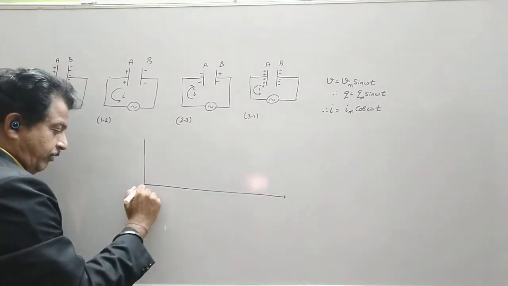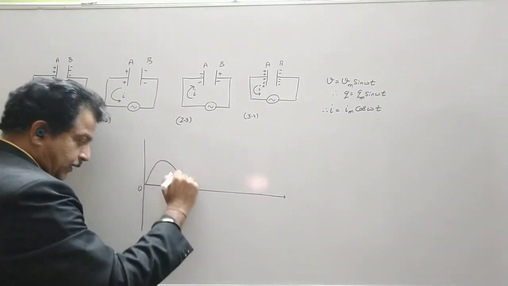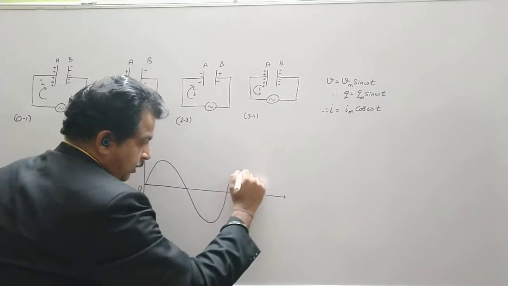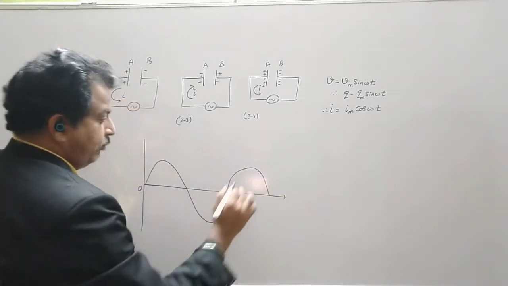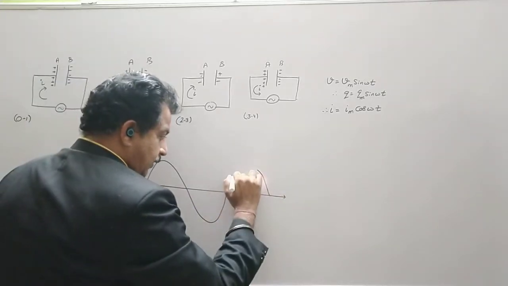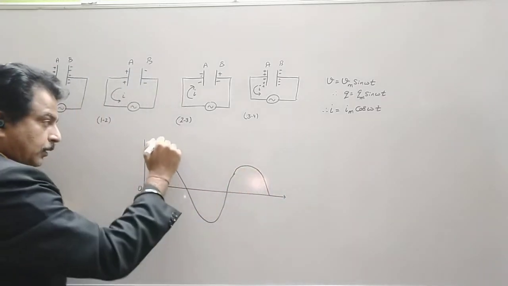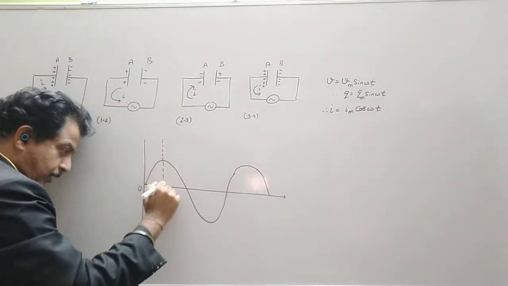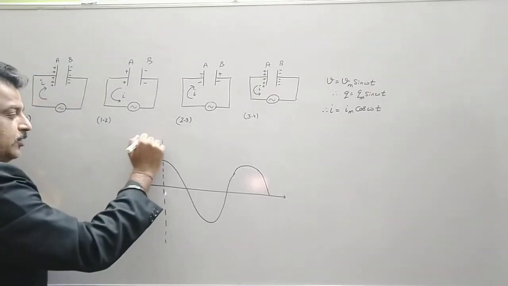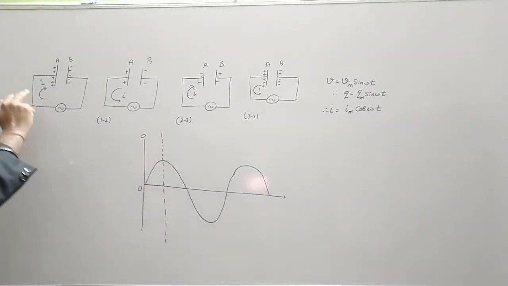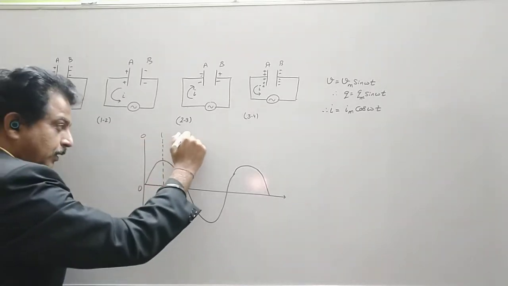First, V is a function of sine. So we draw this V as a function of sine, and we mark the regions. This is the region 0 to 1, for which we will have this corresponding diagram.